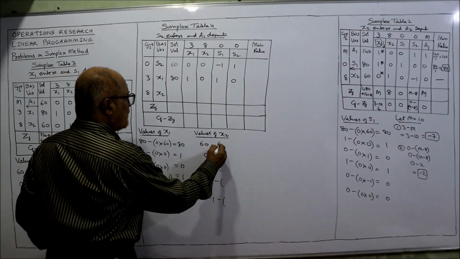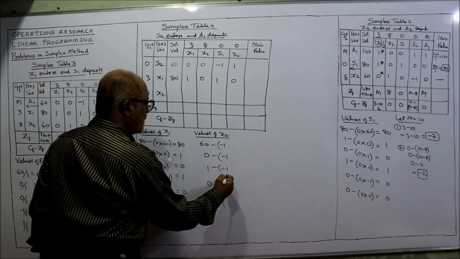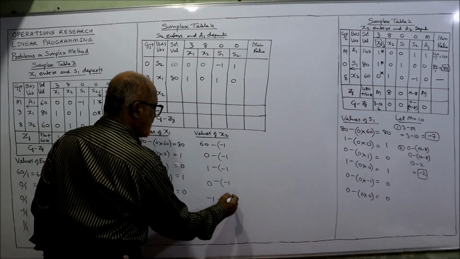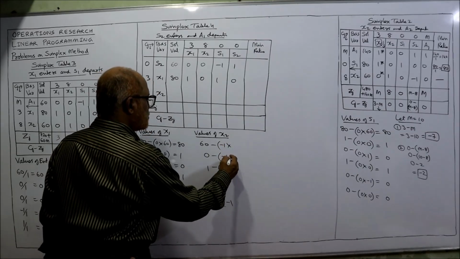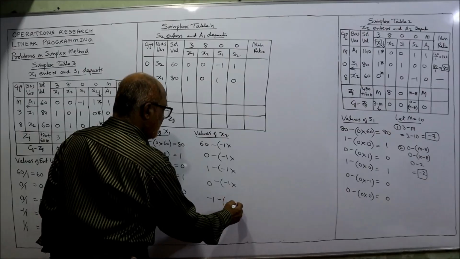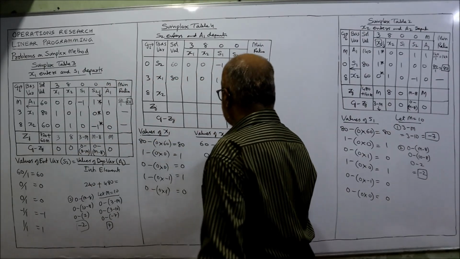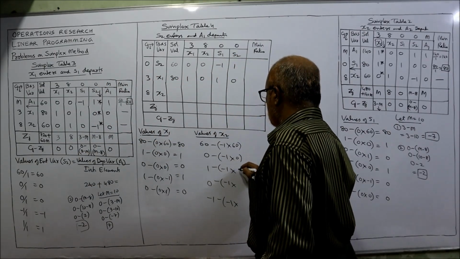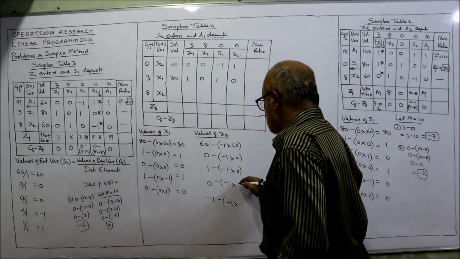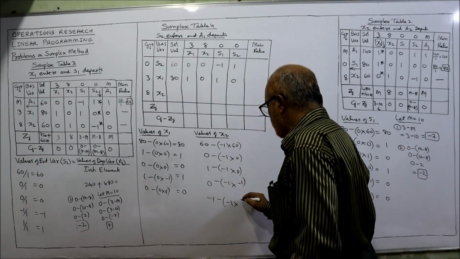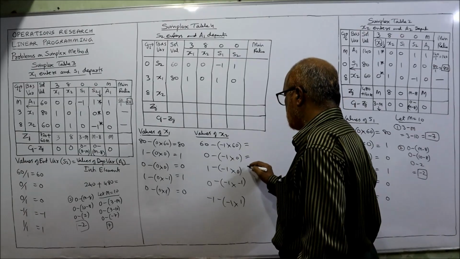It is minus 1. Minus 1 into the values of the entering variable. The entering variable values are 60, 0, 0, minus 1 and last one plus 1, is equal to.